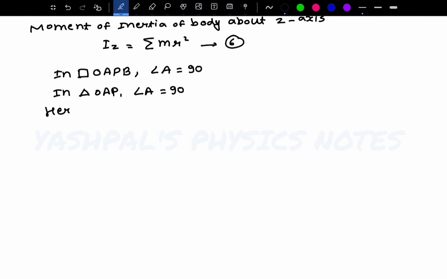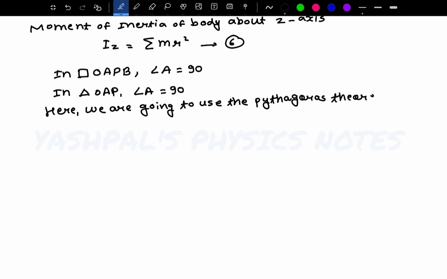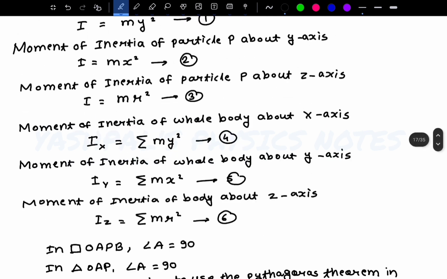Here we are going to use the Pythagoras theorem in triangle OAP.